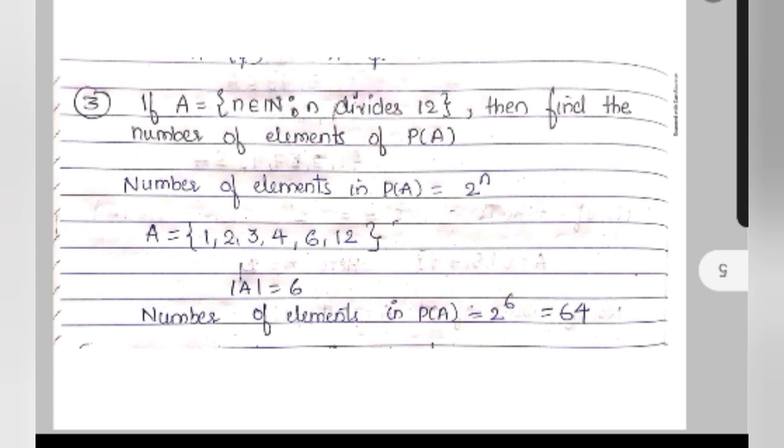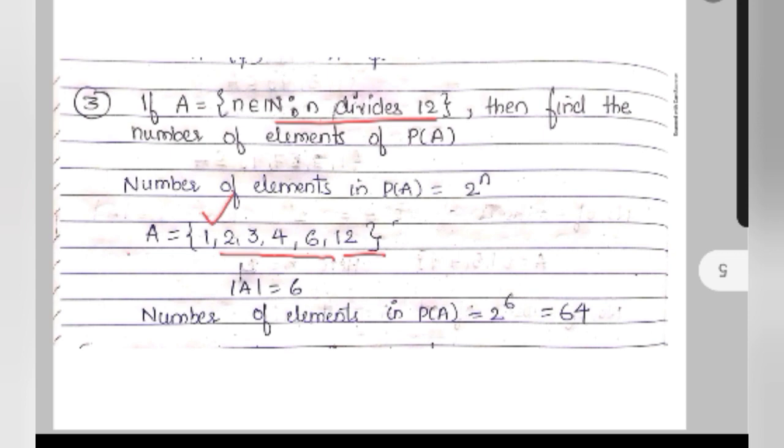So in the set A, which type of elements are you going to collect? The natural numbers which divide 12. So 1 divides 12, 2 also divides 12, 3 also divides 12, 4 also divides 12, 6 and 12. All are going to divide 12.